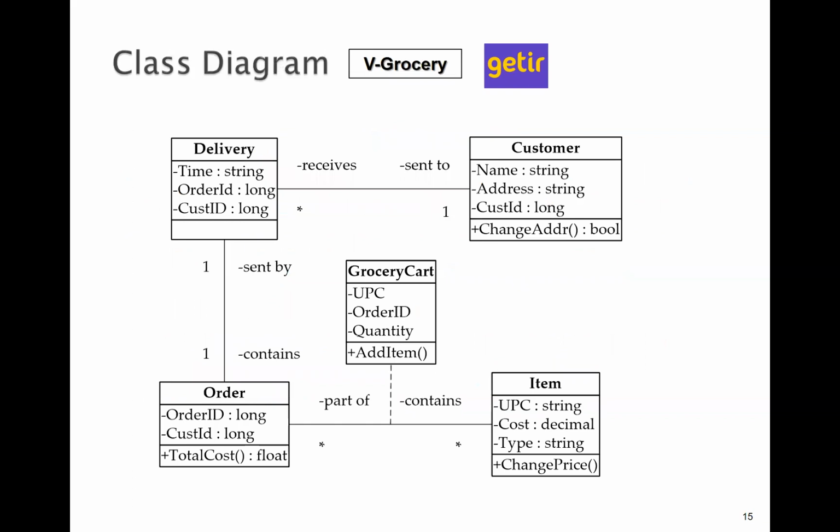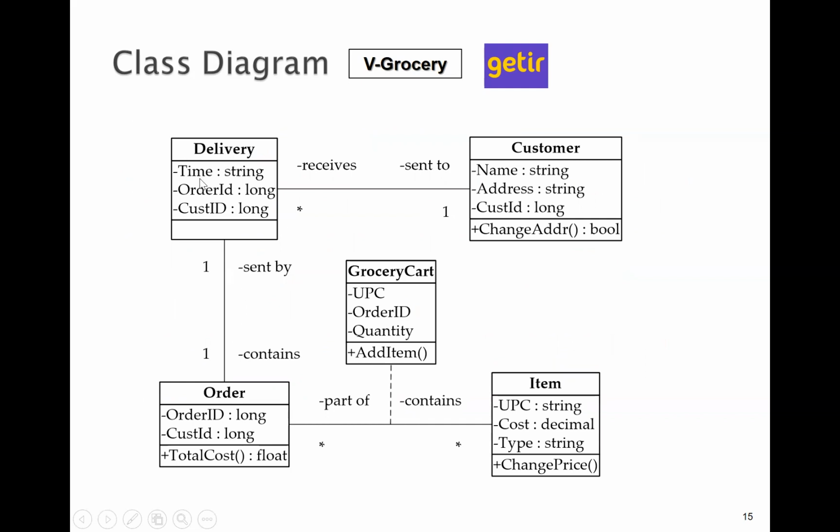Here is a class diagram for the grocery getter. Here, as you can see, we have one delivery, customer, grocery cart, order, and item. All of them are classes we have considered here.